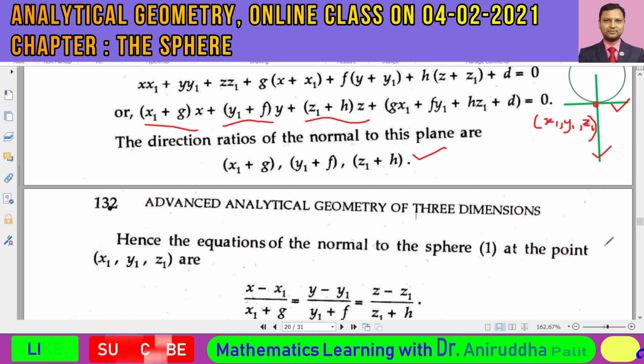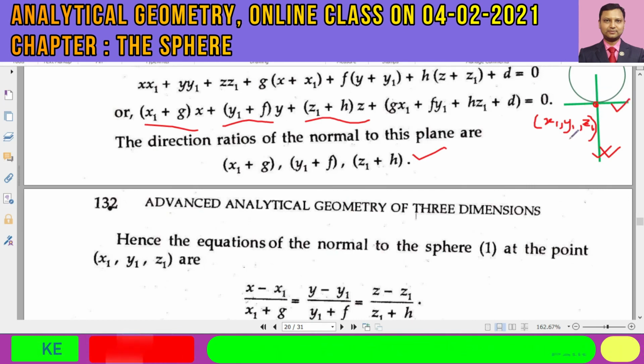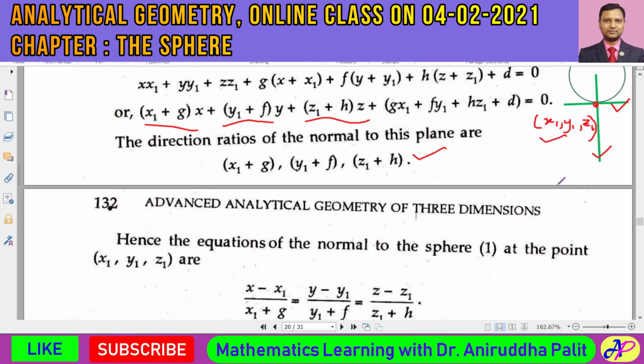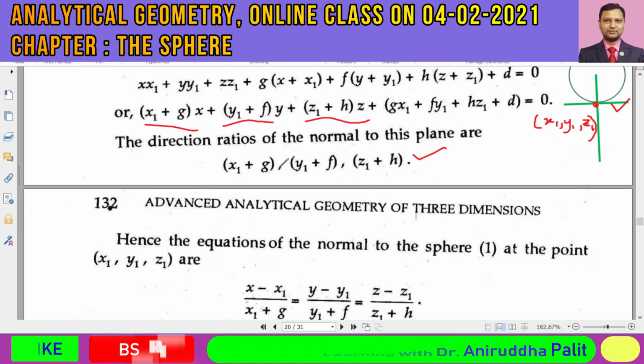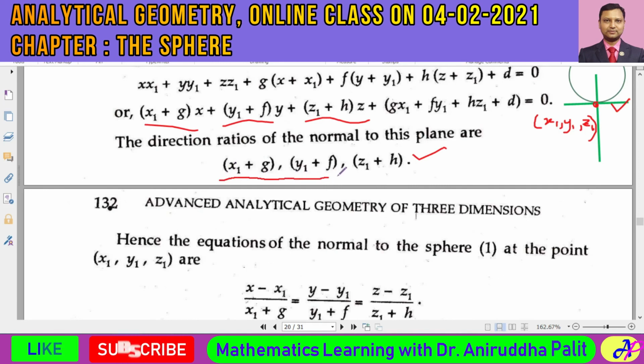This straight line is passing through this point P, the point x1, y1, z1, and the straight line has direction ratios given by these three quantities.